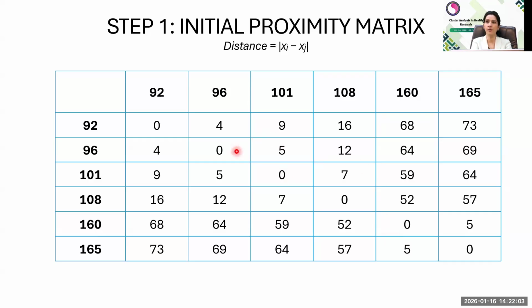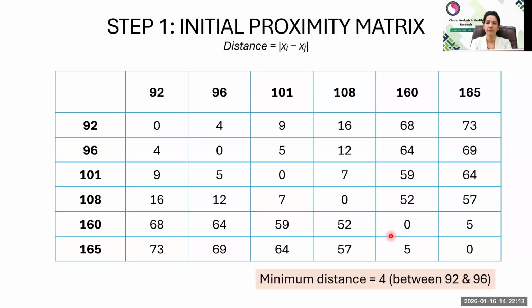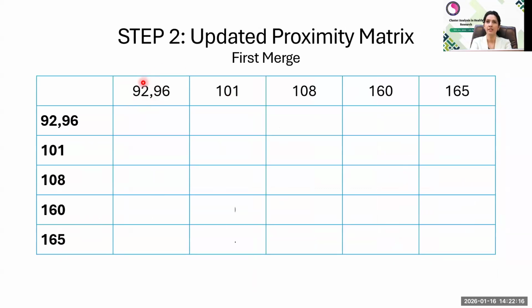Can I say this 4 is between 96 and 92? Yes, very right. So what I'll do is merge these two, 92 and 96.